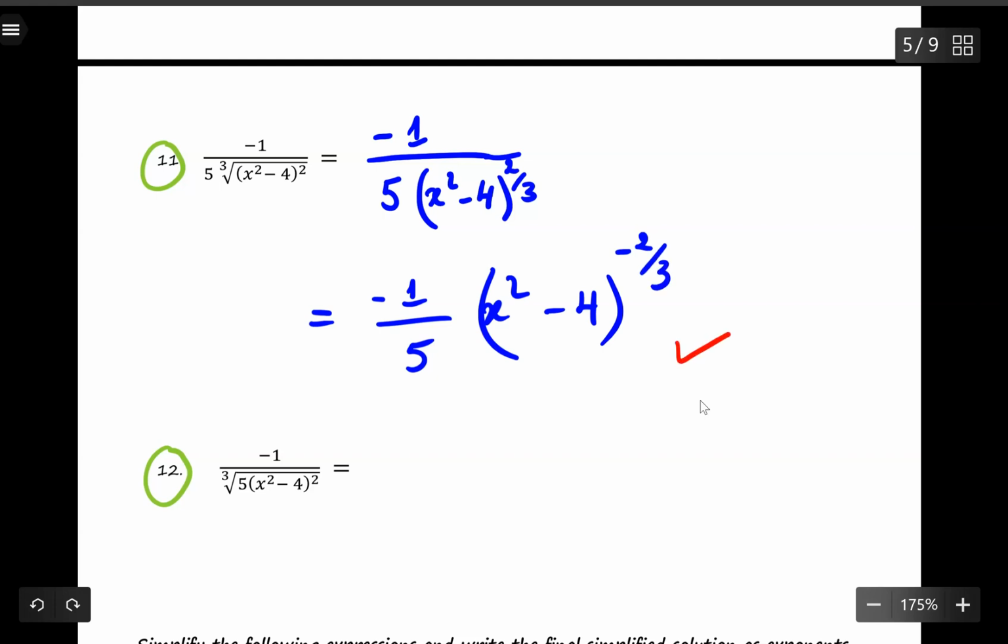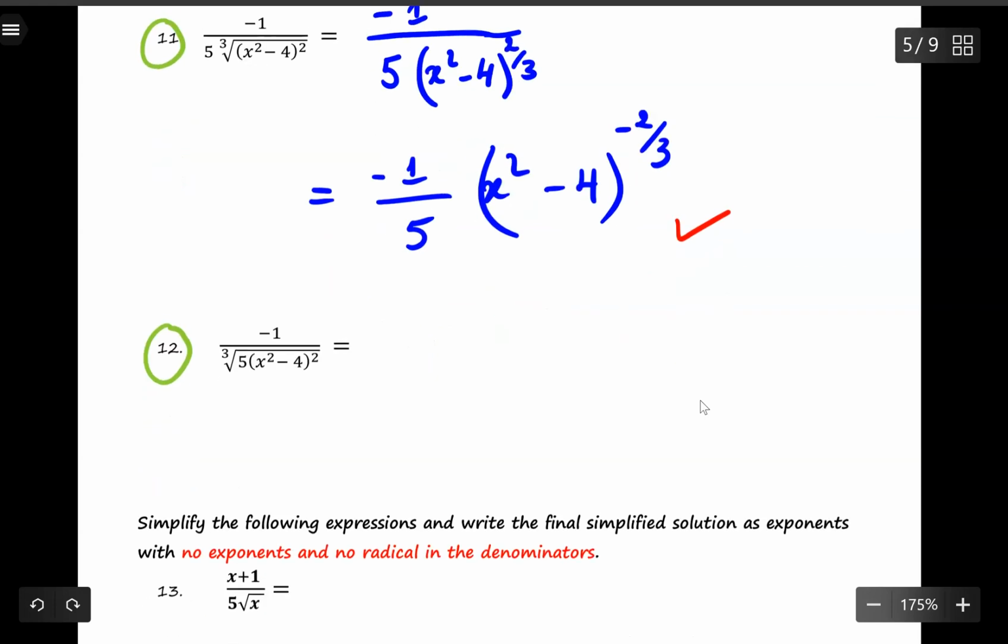But in this number 12, the 5 is actually inside as a radicand, so I will have to write it like this. Okay, so -1. Here you can write 5 to the exponent 1/3.